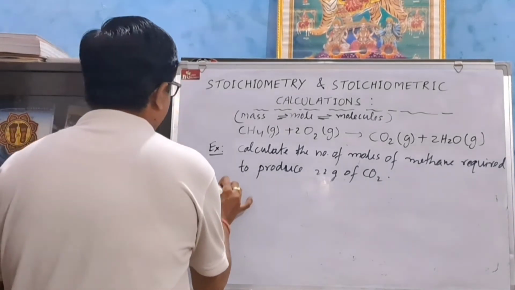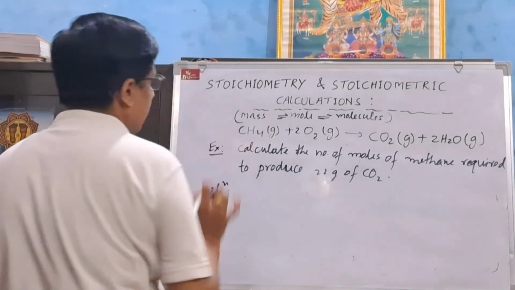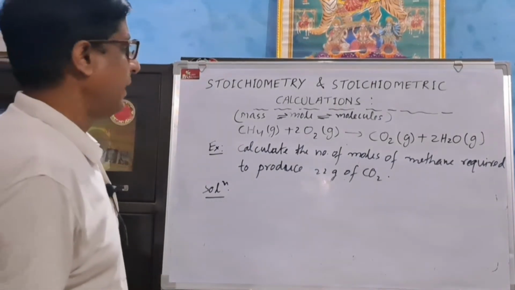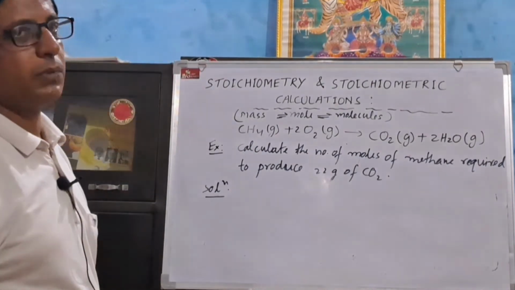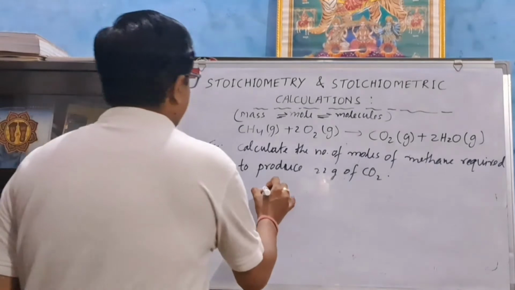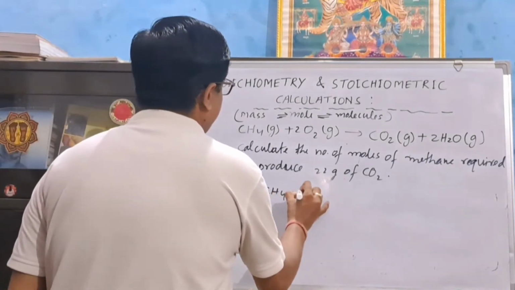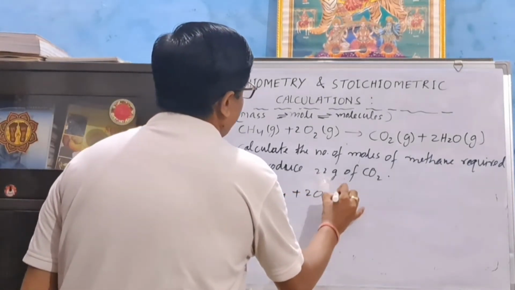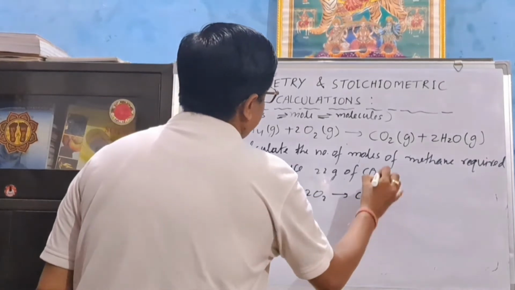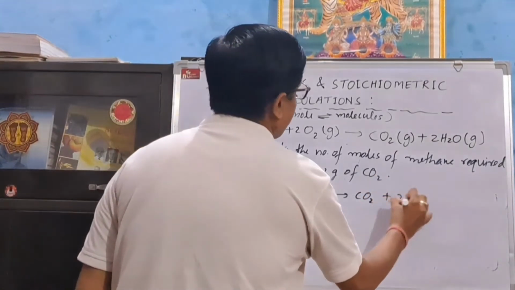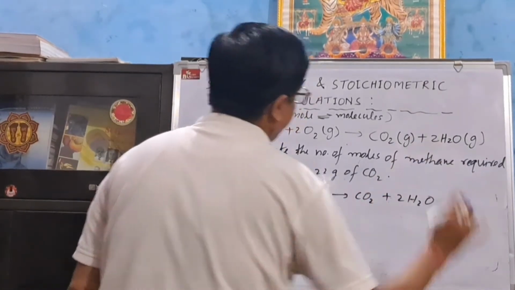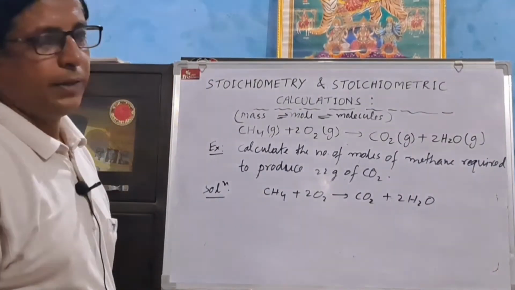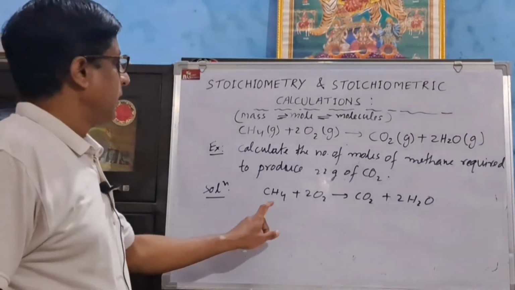Solution. First of all, write the balanced chemical reaction for the combustion of methane. The combustion of methane takes place according to the following chemical reaction. All the reactants and products are in gaseous state.